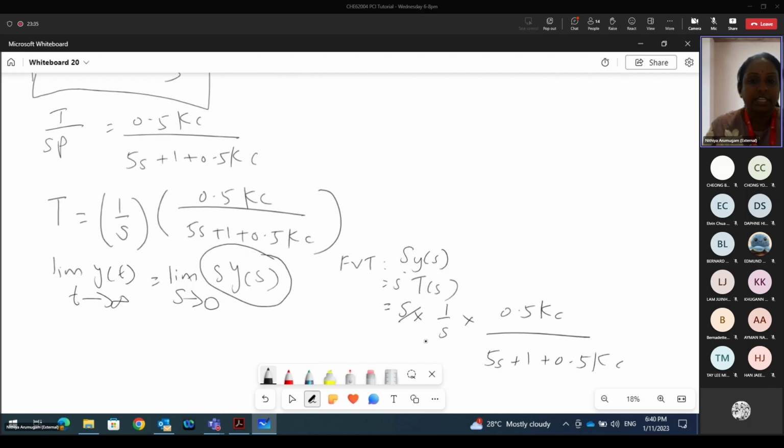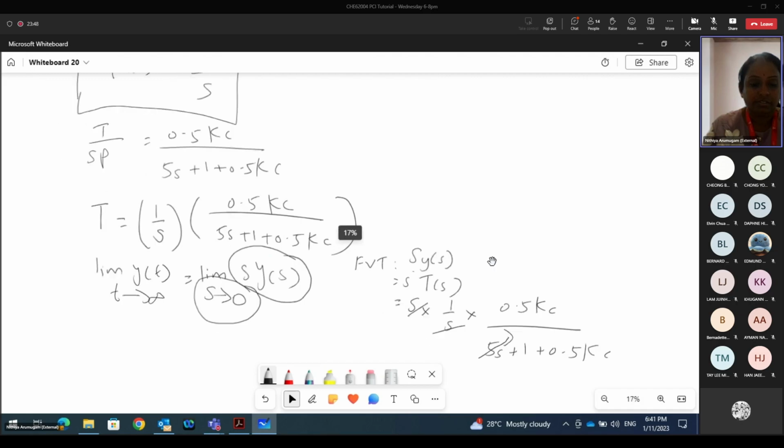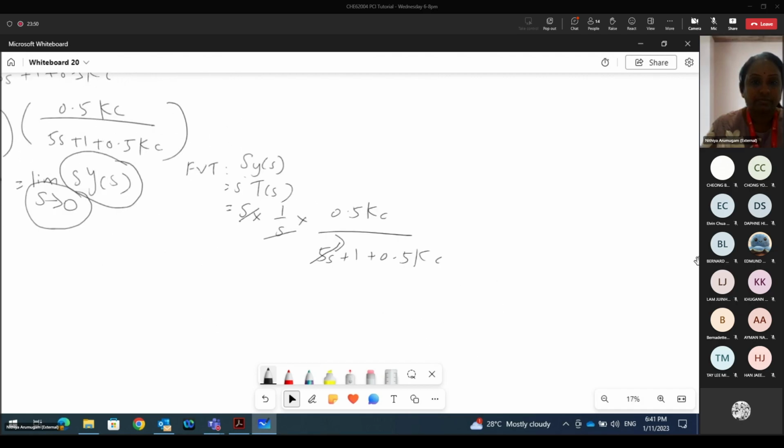Now this and this can be cancelled out. In the final value theorem, s is approaching 0, so this portion will also be cancelled out. We will have 0.5 kc divided by 1 plus 0.5 kc.